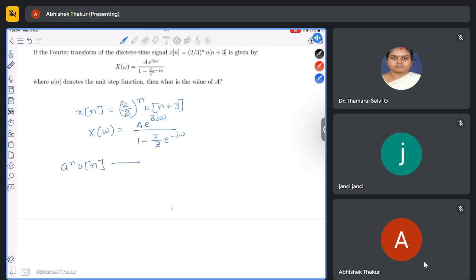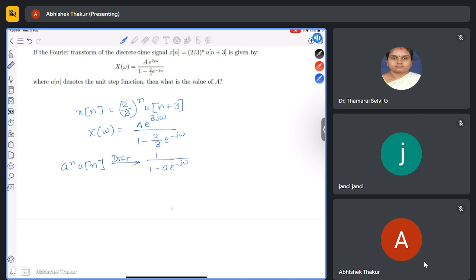What is the DTFT of this? As we derived in the last tutorial session also, this will be 1 by 1 minus a e^(-j omega).